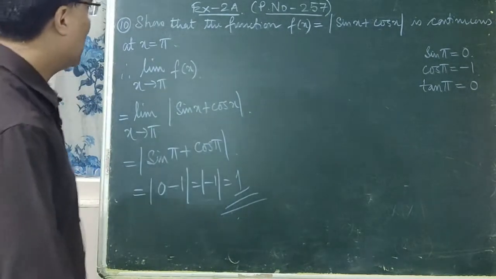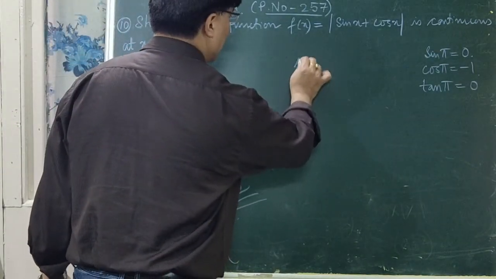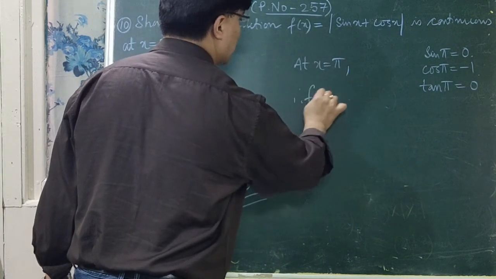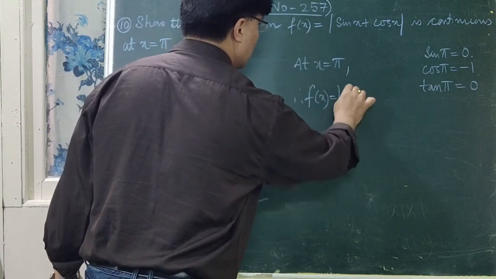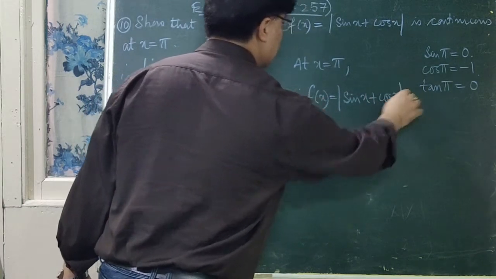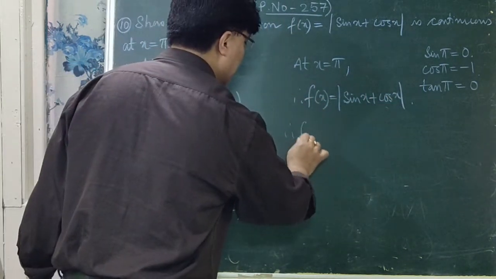Now at x exactly equal to pi, f of x is this one. F of x is equal to mod of sin x plus cos x. So put f of pi here.